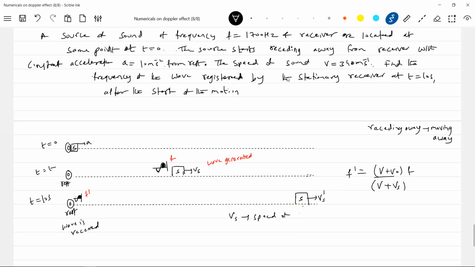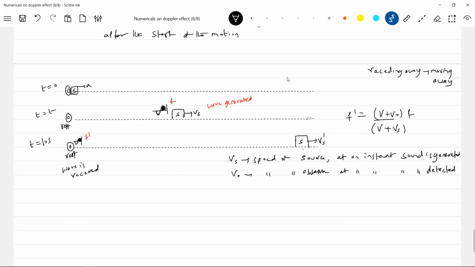The observer is at rest, so v naught is 0.